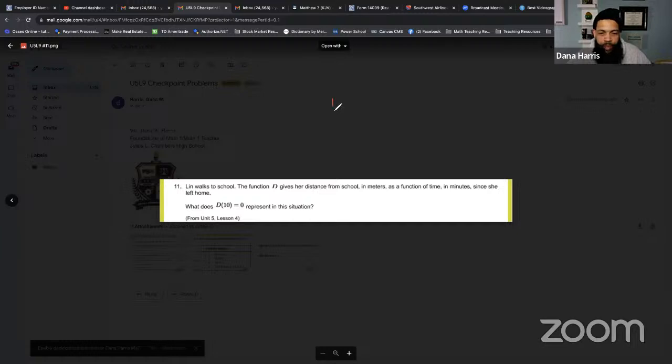So here, when I have D of 10 equals 0, notice it says we got the D part, that's here, automatic. Her distance from school in meters as a function of time in minutes. Okay. So distance from school is output as a function of time in minutes, input.